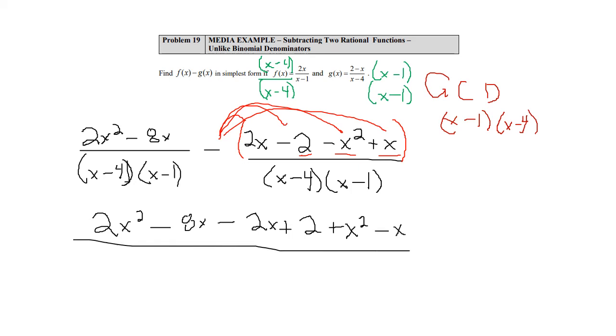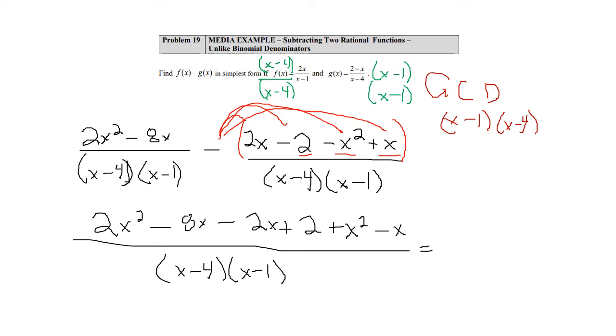And all of that is going to be over x minus 4 times x minus 1. Now again, the goal is that in the numerator, I might be able to get some things to combine and then maybe get something that factors quite nicely. So let's see what happens.